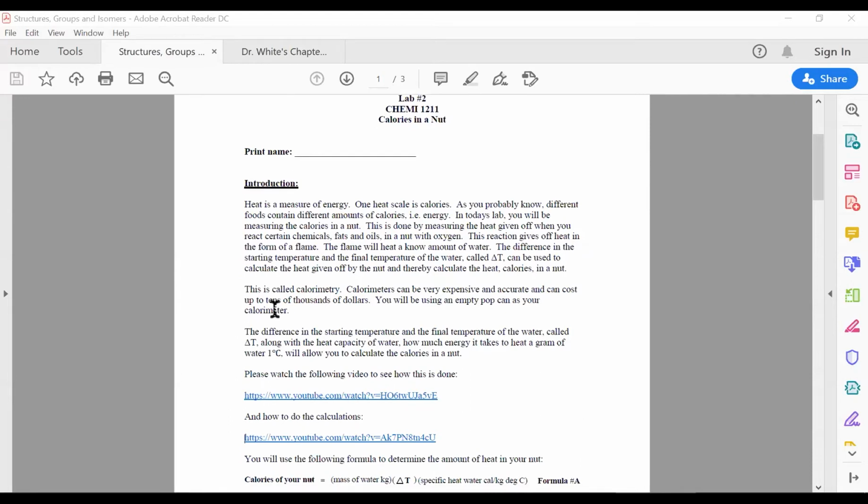The difference in temperature of the water, delta T, along with what's called the heat capacity of water, how much energy it takes to raise the temperature of a gram of water 1 degree, will allow you to calculate the calories in a nut.